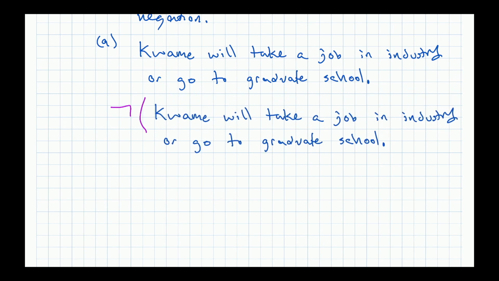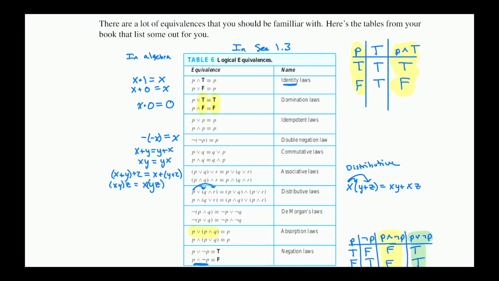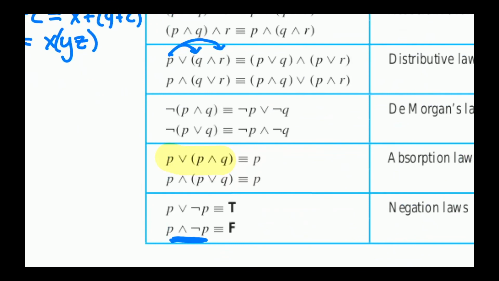Hooray for technology. All right. So we want a negation around this. Okay. And the whole point of De Morgan's law is what happens to this, right? Kwame will take a job in industry or go to graduate school. And we want the negation. So according to De Morgan's law, right, what you do when you negate an and or an or is the negation, oops, too big. How do I make it smaller?